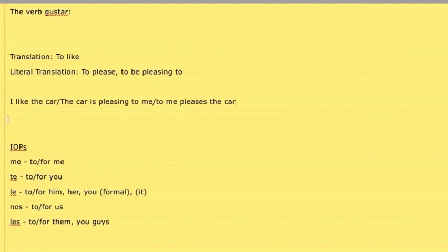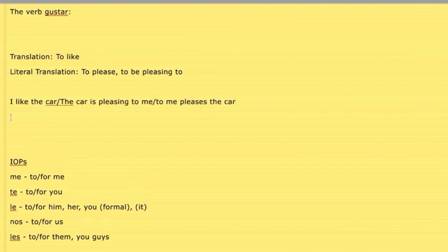And so essentially what we're going to do now is first, we always start with the indirect object pronoun in Spanish. This is the most direct translation. To me pleases the car. So we want to say to me, which means me. Now we have the word gustar, to please, right? And so in this case, we want to think about what's doing the pleasing. When we talk about I like the car, well, it's not necessarily the action of me liking it, it's more the action of the car pleasing me.